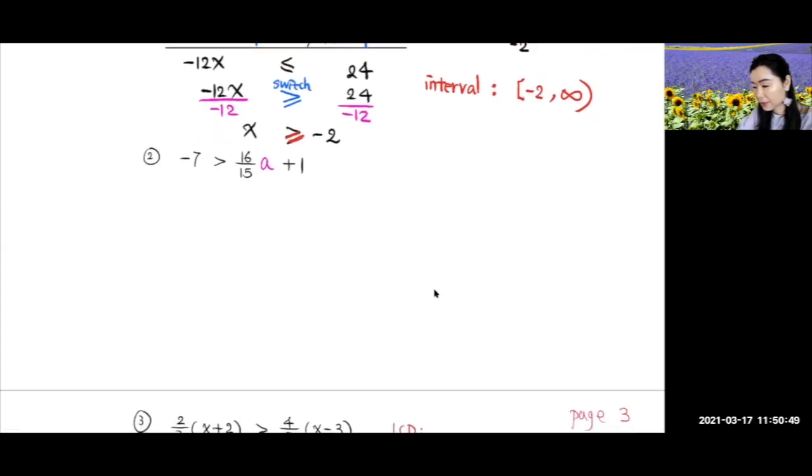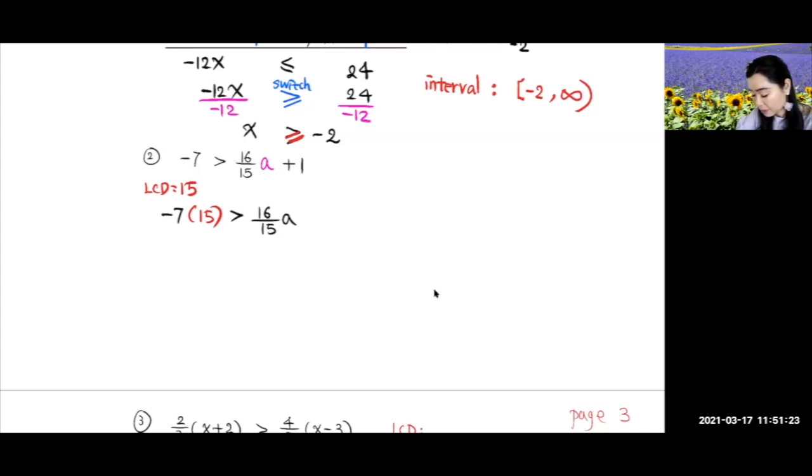Now the next one. To solve this one over here, let's try a different way. One way is to get rid of the denominator 15 by multiplying both sides by 15. So we have negative 7 times 15. Multiplying by 15 is not going to switch the inequality sign because 15 is a positive quantity.